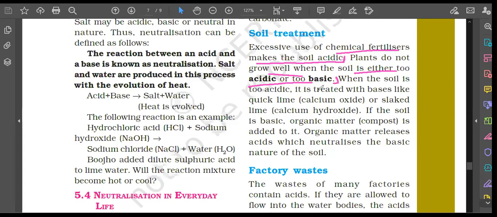They are bases. It's a white substance, very common.